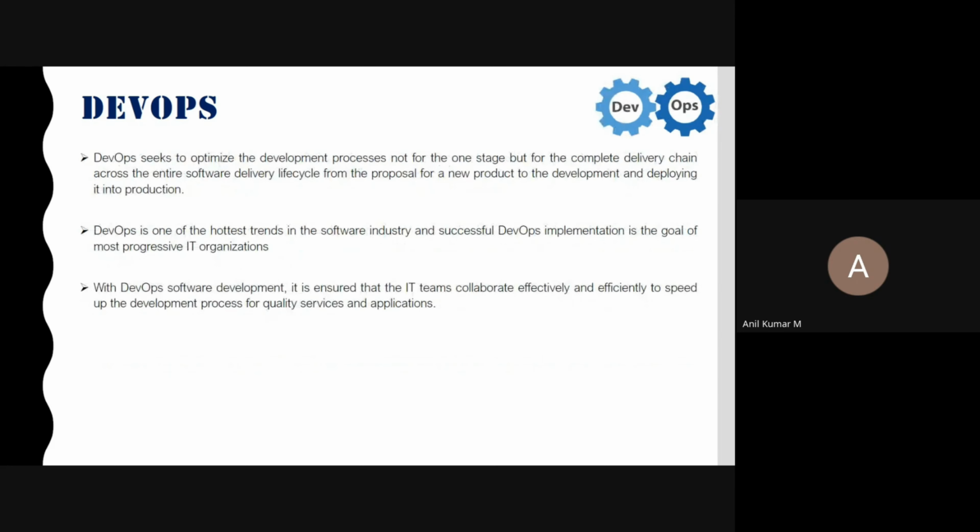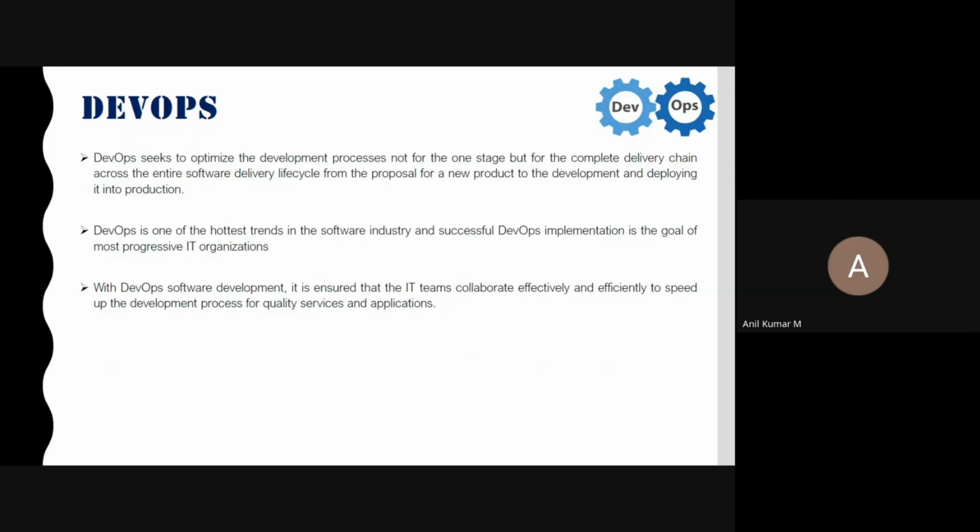The next one: DevOps is one of the hottest trends in the software industry, and successful DevOps implementation is the goal of the most progressive IT organizations. This is one of the points here, guys. DevOps is adopted by many organizations, and every year it keeps increasing. Why?